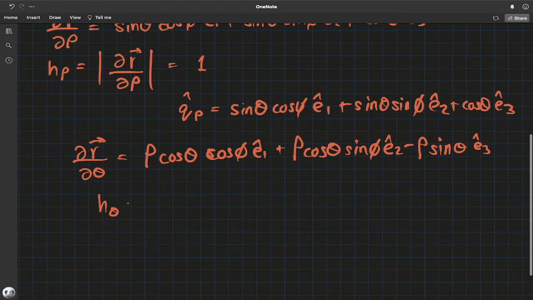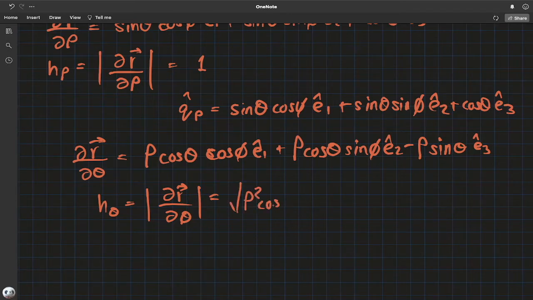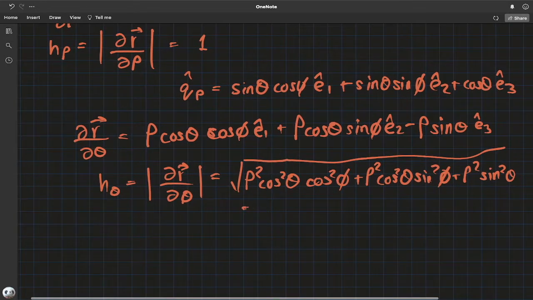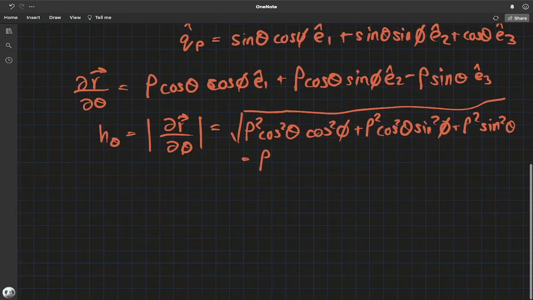So h sub theta is just the magnitude of this. If you take the square root and take the magnitude, rho squared cosine squared theta cosine squared phi, rho squared cosine squared theta sine squared phi, rho squared sine squared theta. If you do all of this bad calculation, you get just rho.